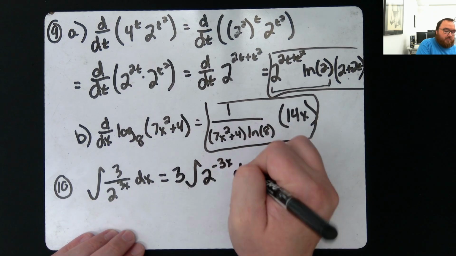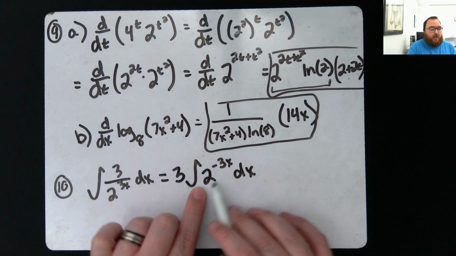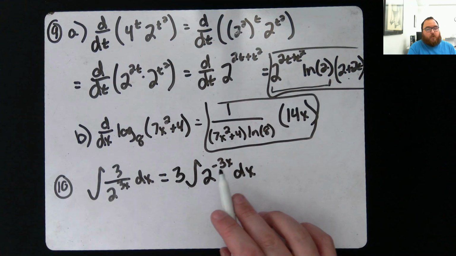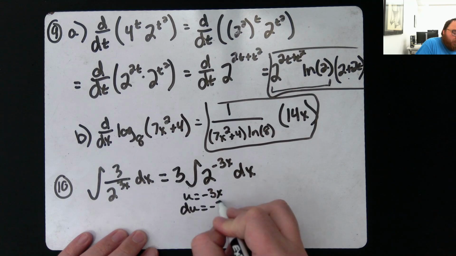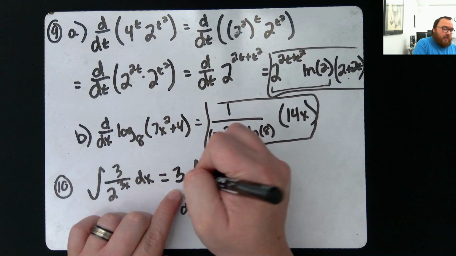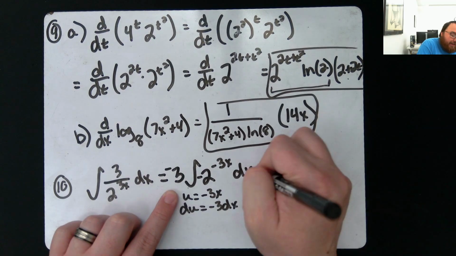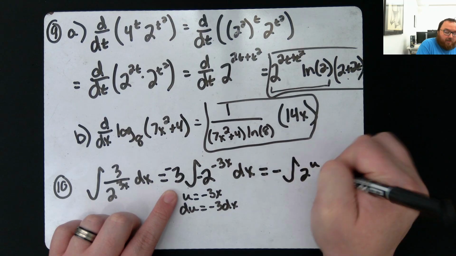I know what I do if it's just 2 raised to one thing, but since it's negative 3x, I'm going to let that be u. So du would be negative 3. I already have the 3. I just need the negative, so put that out there. So the 3 goes in with the dx, which would make this negative integral 2 to the u du.